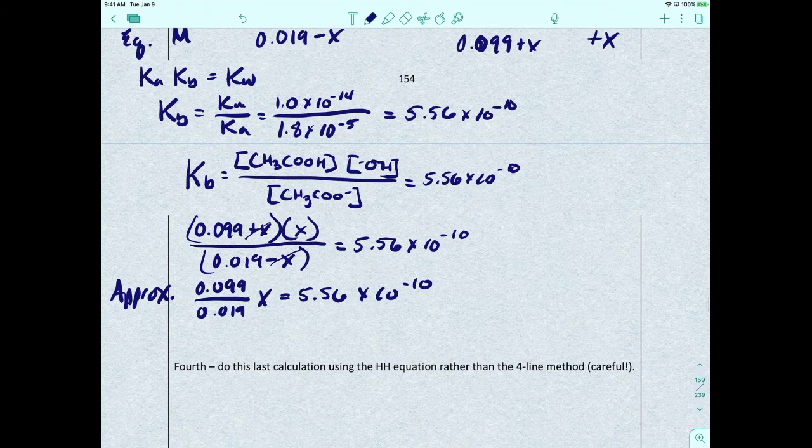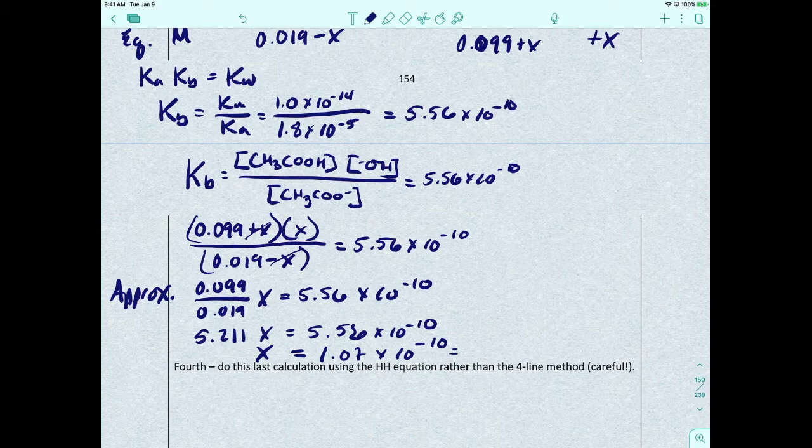If I solve for x, let's take 0.099 divided by 0.019. That's going to give us about 5.211x is equal to 5.56 times 10 to the minus 10th. And if we divide both sides by 5.211, that's going to give us a value of 1.07 times 10 to the minus 10th. And so that's going to be our concentration of hydroxide ion.